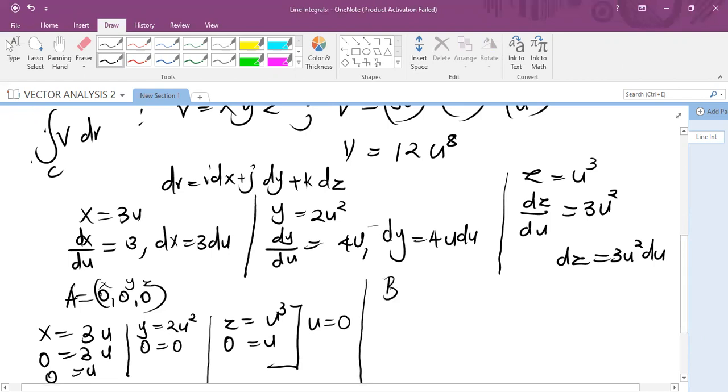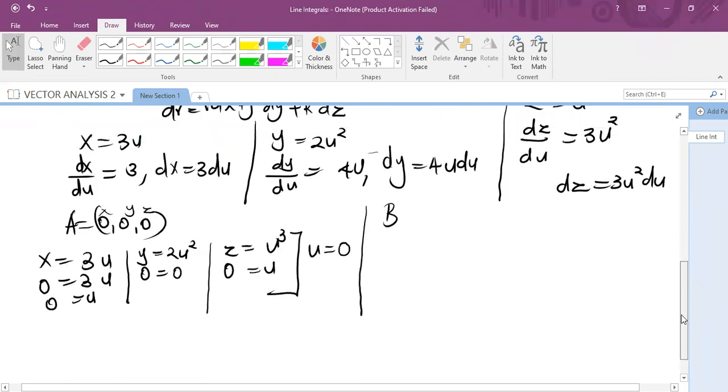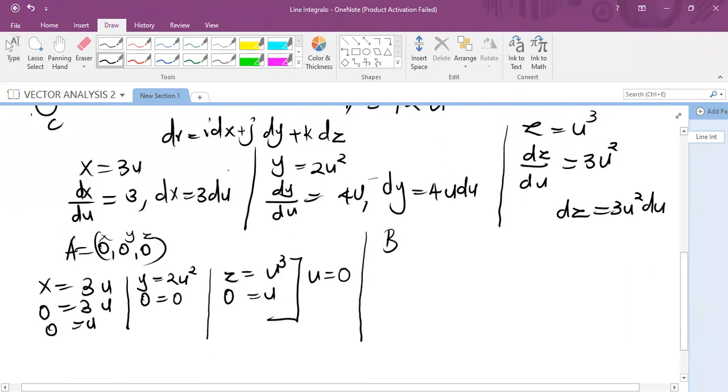What of point B? Point B is given by 3, 2, 1, this basically being the value of x, y, z. Okay, x is equal to 3u. So what's the value when x is 3? We will have 3u, so our u will be equal to 1. Okay.